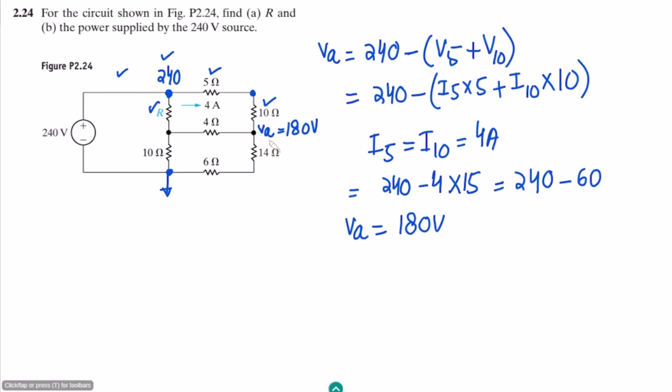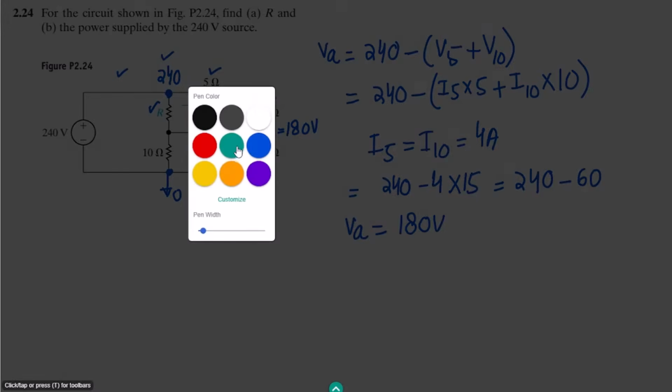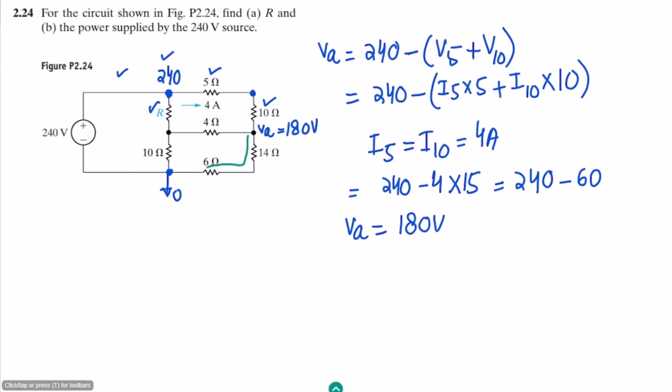Now this voltage is known, so we can clearly see this is the current flowing through this branch. If the potential difference is known, we can easily find this current, and let me call this current IX.